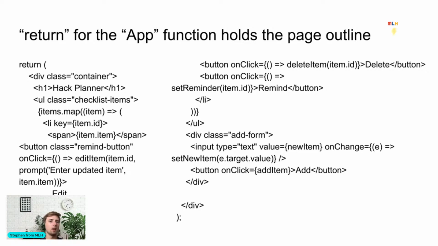Then there's a remind button, edit button, delete button, all the things we need in order to be able to update the entries in our project. And then we have a button and a field in our add form division at the very bottom, which are going to be changing the list by adding new entries. And we built all the CRUD operations on the front end to handle these changes.